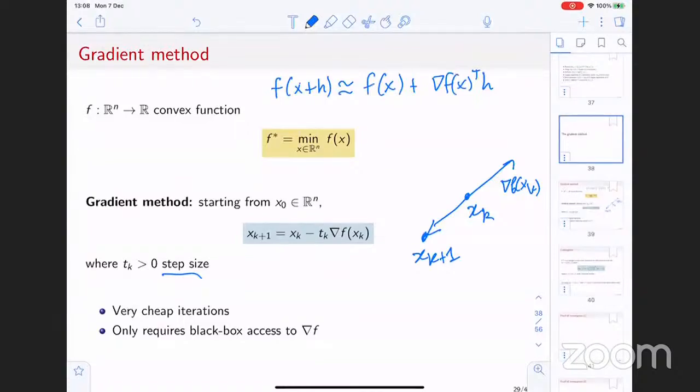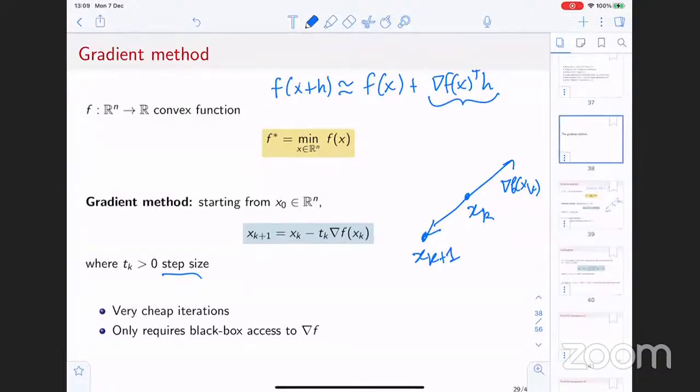Now, if we are interested in minimizing f, starting from x, I want to know what is the direction that will minimize this right-hand side. If you fix the norm of h to be 1, this is the smallest possible when h is the negative of the gradient. So it is really based on a first order Taylor expansion of f around x and choosing the direction where the function changes the most in the negative direction. So this is the gradient method.